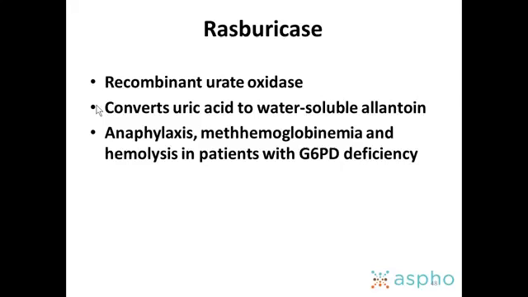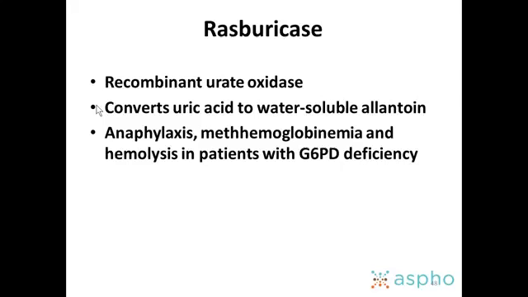The biggest side effects are anaphylaxis, methemoglobinemia, but what's really important is that it can cause significant hemolysis in patients with G6PD deficiency. So if you treat a population where this is a concern, you have to remember to ask that particular question before actually giving it to patients.